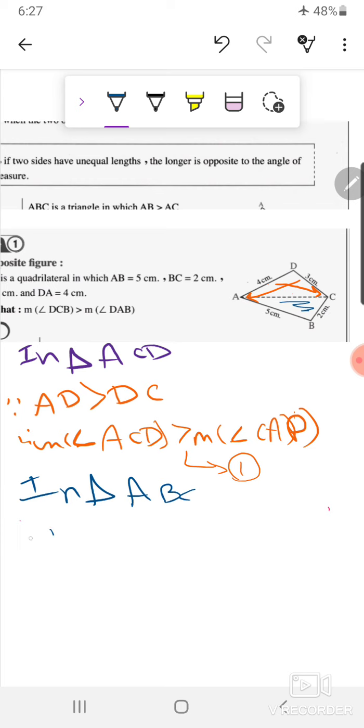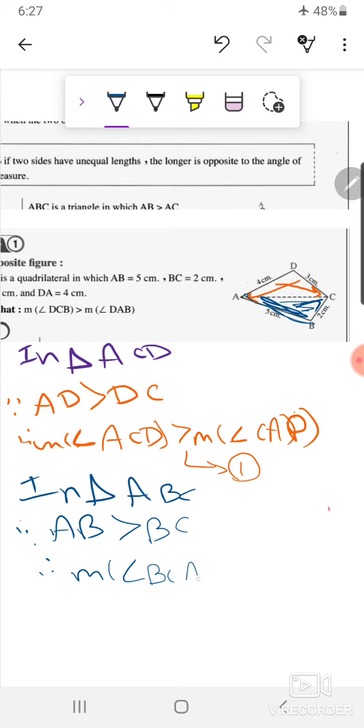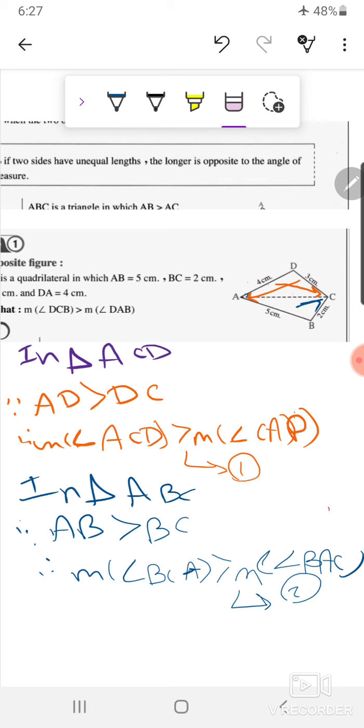Since AB is greater than BC, therefore measure angle BCA, opposite to AB, is greater than measure angle BAC, and I will call this number 2. Understood till now?